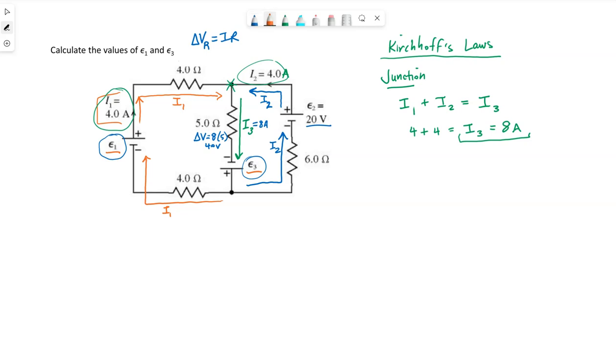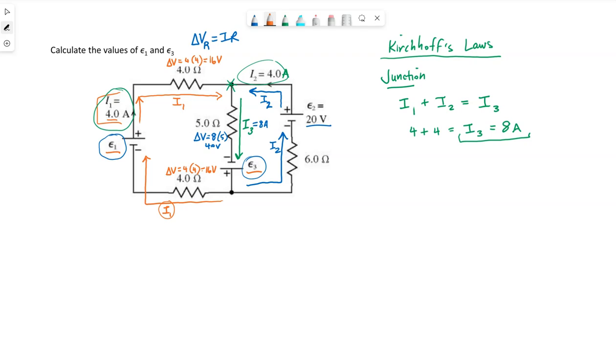Similarly, the 4 ohm resistor up here, I1 is the current flowing through it. I1 is 4 amps. So 4 amps times 4 ohms tells me there's 16 volts across that top 4 ohm resistor. This down here, the bottom 4 ohm resistor, the current flowing through it is I1, which is also 4 amps. Its resistance is 4 ohms, so this is also 16 volts.